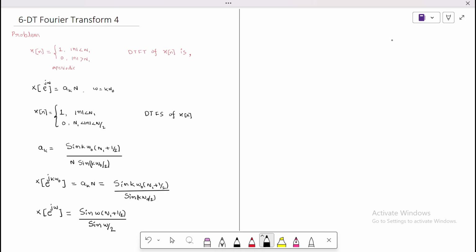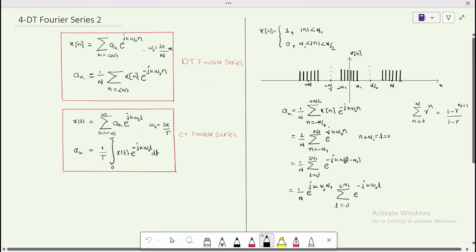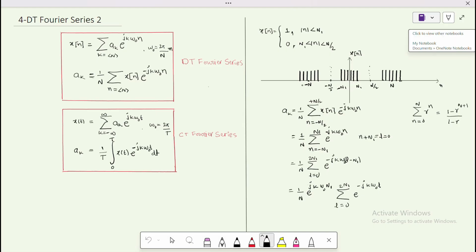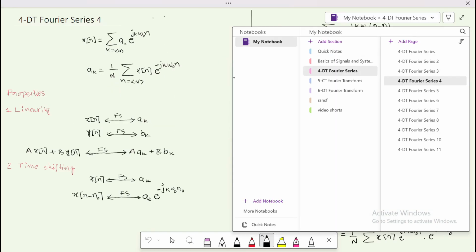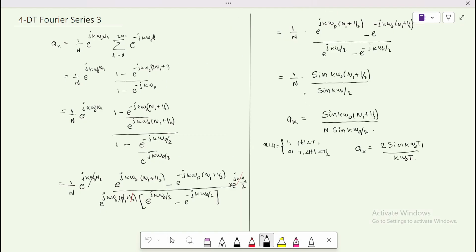I'll show you in the discrete time Fourier series. The question is, see, x of n equal to 1, so this is a periodic signal. In substitution, after simplifying, it is the same procedure, there is no difference here. In the final step, we get ak equal to sine of k omega naught into n1 plus 1 by 2, by capital N into sine of k omega naught by 2. So this is the Fourier series coefficient.